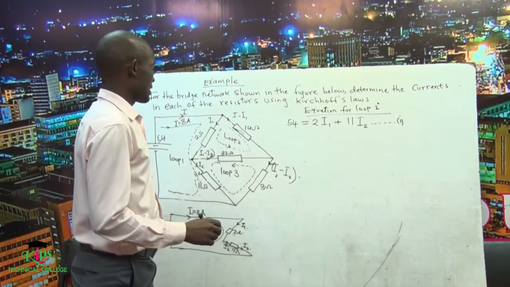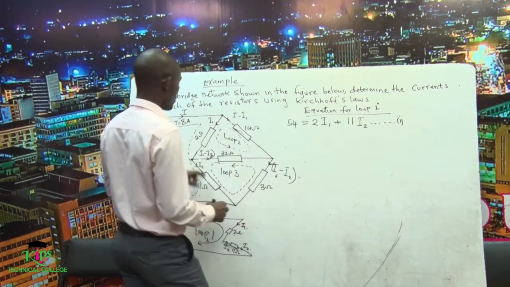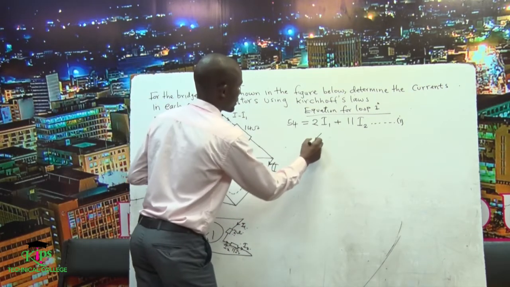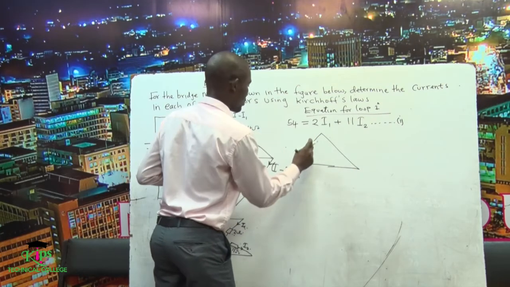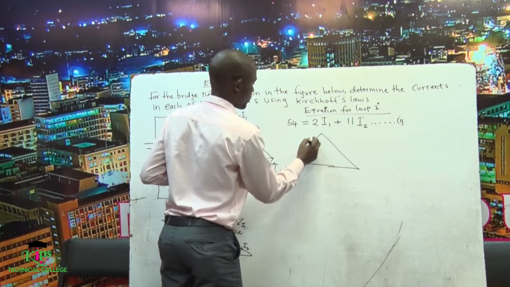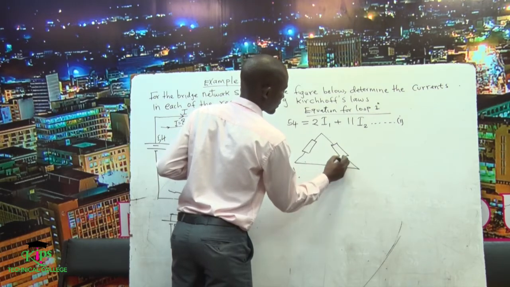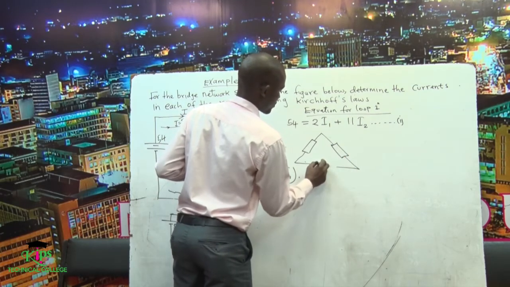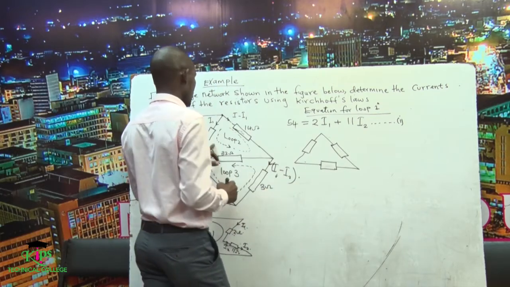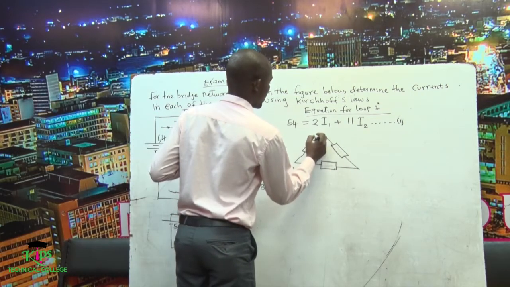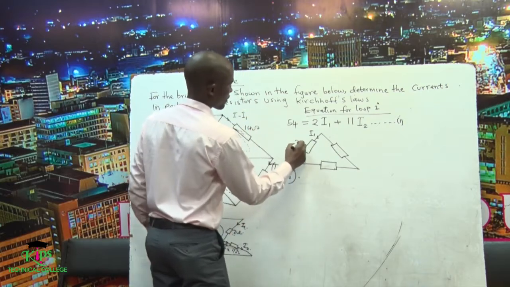We can also look at another loop. Let us take loop 2. If you look at loop 2, I can redraw it again. We are having this, we are also having that, and we are also having this. Remember we said the current through this resistor is I1 and this resistor is 2 ohms.